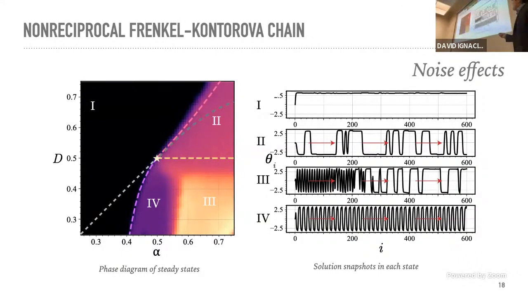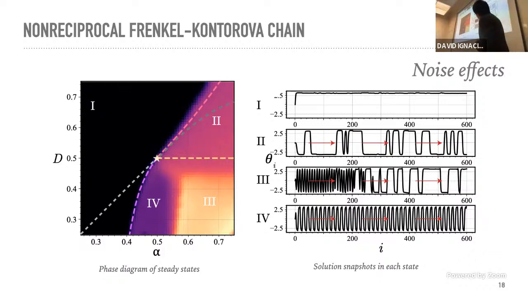We also study some of the noise effects, how the noise will affect these dynamical properties. And here is a phase diagram now of the steady state. So we analyze the infinite time of these simulations. And more or less, region 1 is the same as before. We go to a homogeneous solution.